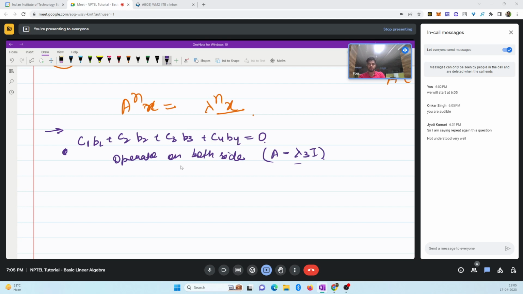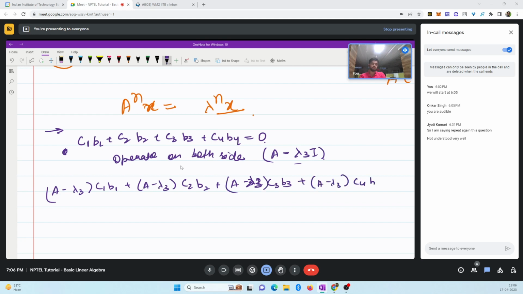So if we operate this on both sides, what I'll obtain is (A minus lambda 3 I) times c1 b1 plus (A minus lambda 3 I) times c2 b2 plus (A minus lambda 3 I) times c3 b3 plus (A minus lambda 3 I) times c4 b4, equal to 0.